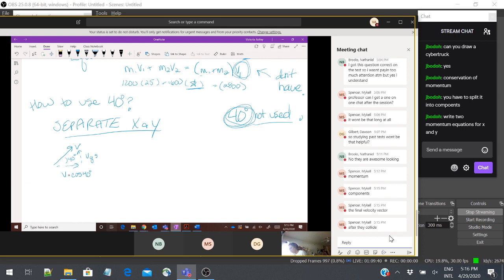Vx equals v cosine 40, vy equals v sine 40. Okay, and then I can have two momentum conservation equations. m1v1x plus m2v2x equals (m1 plus m2)v cosine 40. Aha, that's much better.